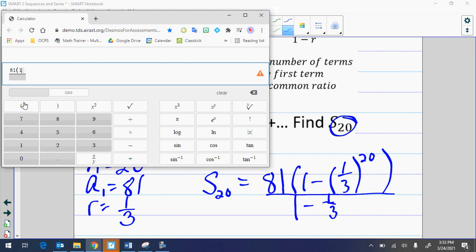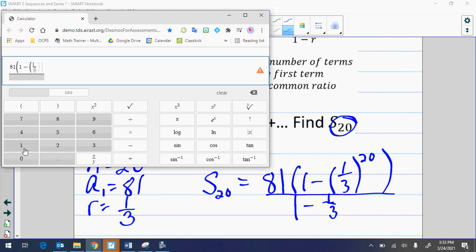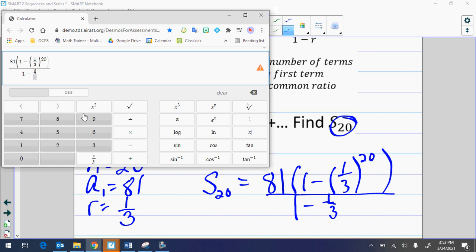Parenthesis 1 minus parenthesis fraction 1/3. Whoops, I don't need a parenthesis there. Parenthesis, going to close it, to the 20 over 1 minus fraction 1/3.